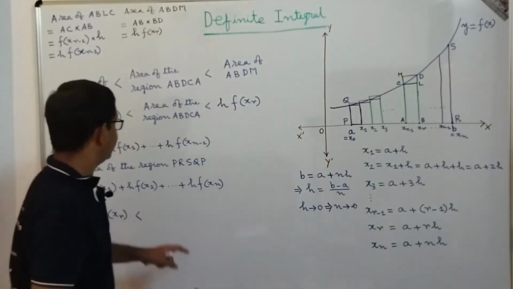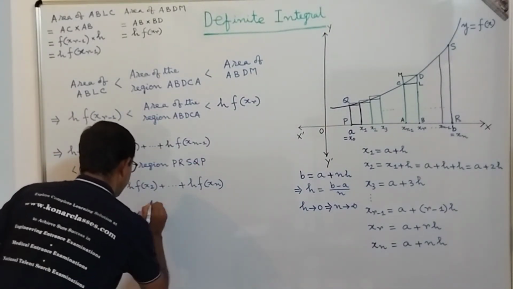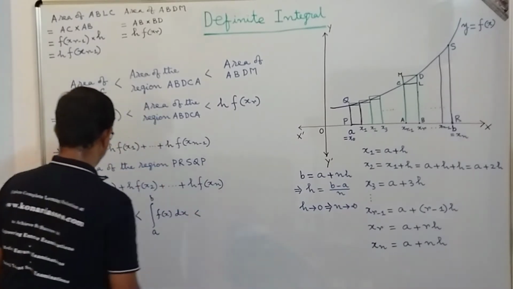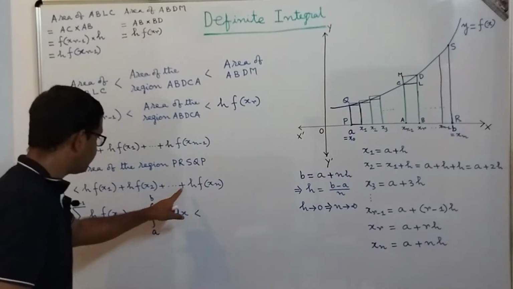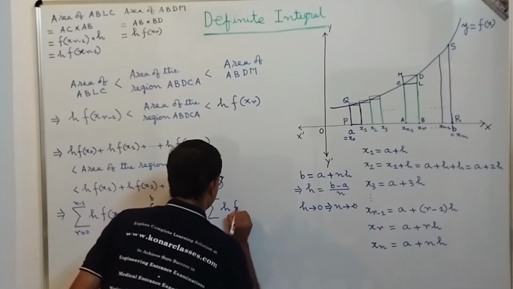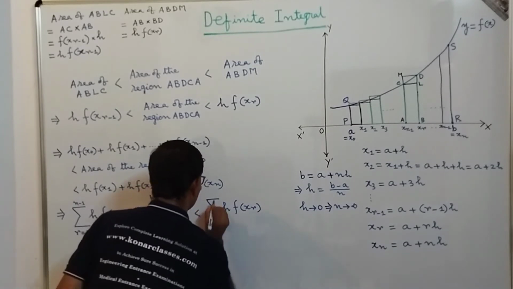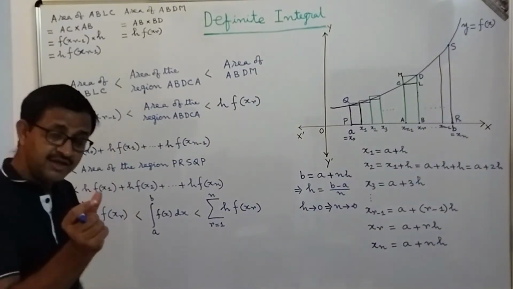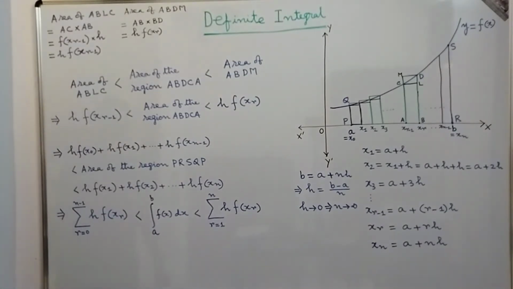PRSQP is nothing but the definite integral a to b f(x) dx, which is less than h into f(x1) plus h into f(x2) plus dot dot dot plus h into f(xn). That means summation of h into f of xr, where r is varying from 1 to n. Now dear students, what we see is that h is a constant. So we can take that h outside of this summation, correct or not?